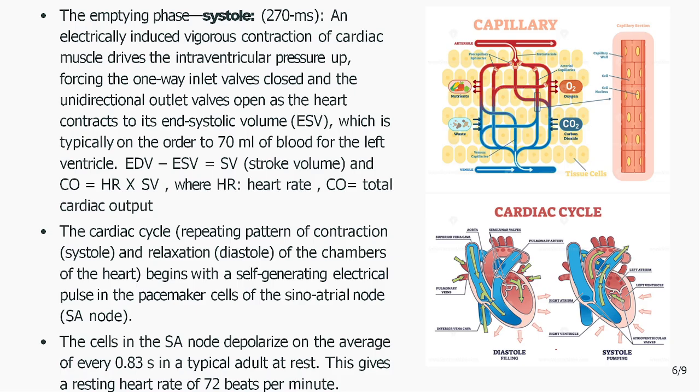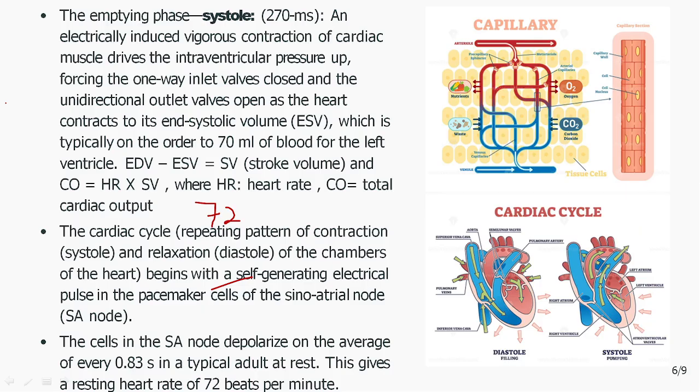For a normal adult, the heart rate is 72 times per minute, and the stroke volume is 70 milliliters of blood. Multiplying that, we get around 5 liters per minute. That amount of blood is pumped, which is your total cardiac output.